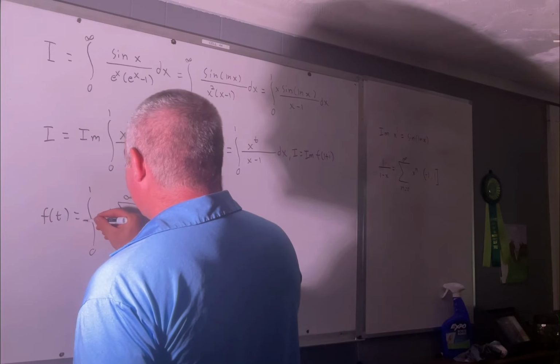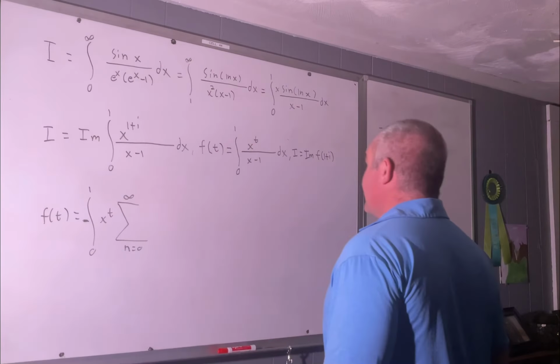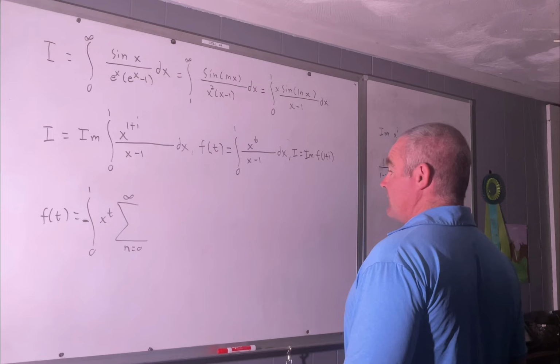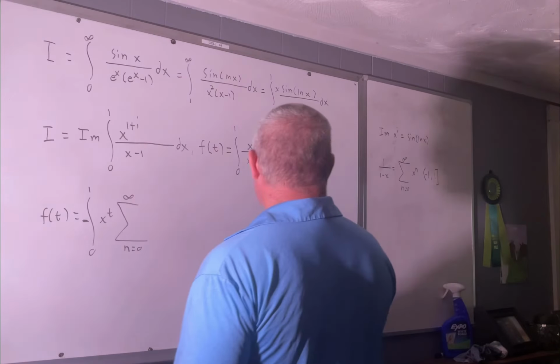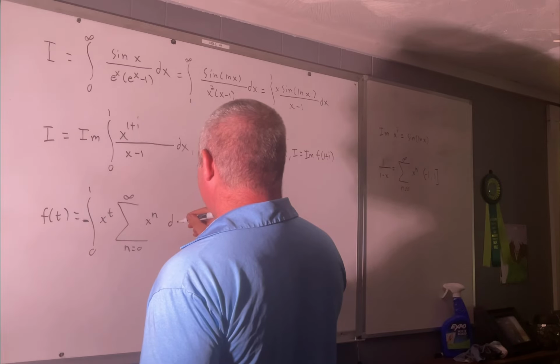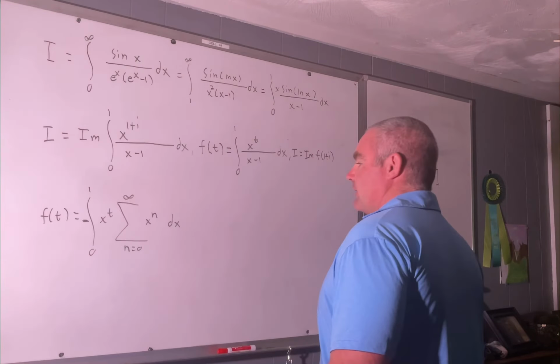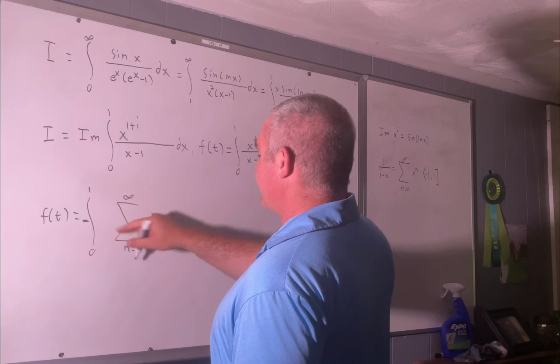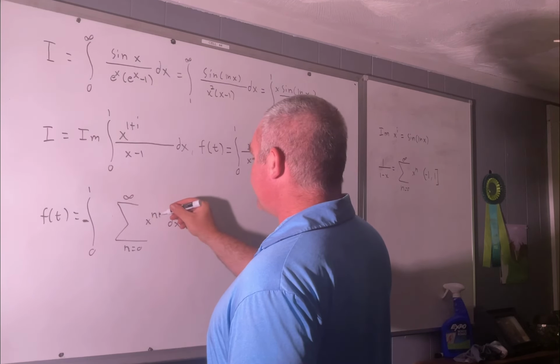We have to introduce a negative sign there. And this is just x to the n. And then dx. All right, we can bring this x to the t inside the sum as an exponent on x.